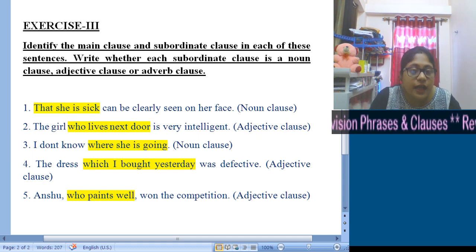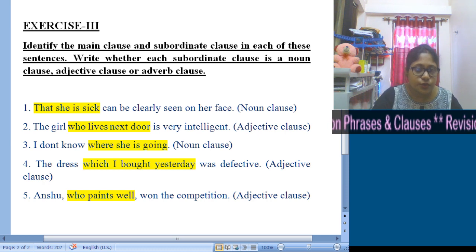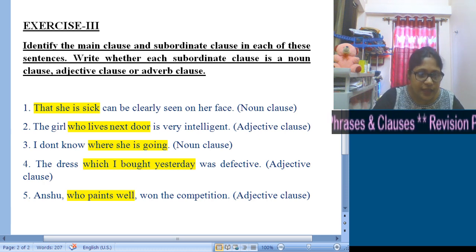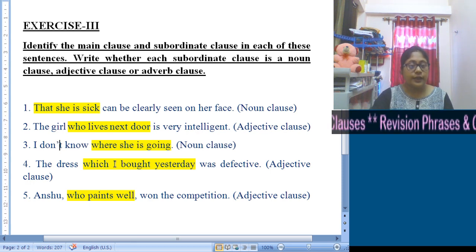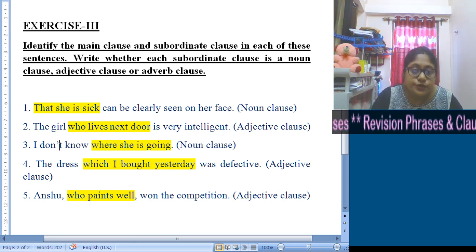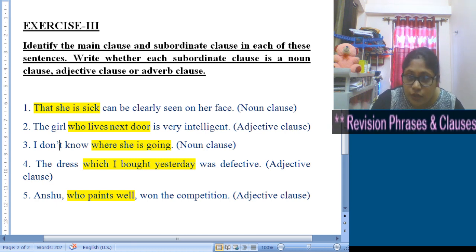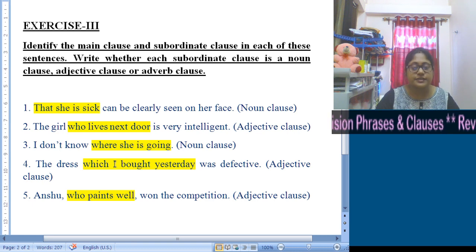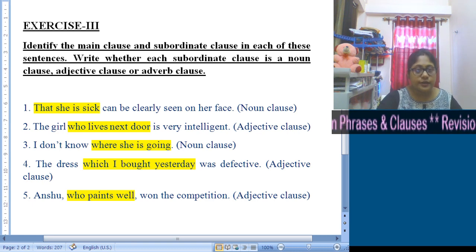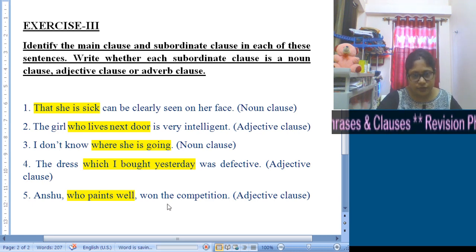Next comes, I don't know where she is going. So what do I not know? The answer is where she is going. So where she is going is the subordinate part, and this is obviously a noun clause.